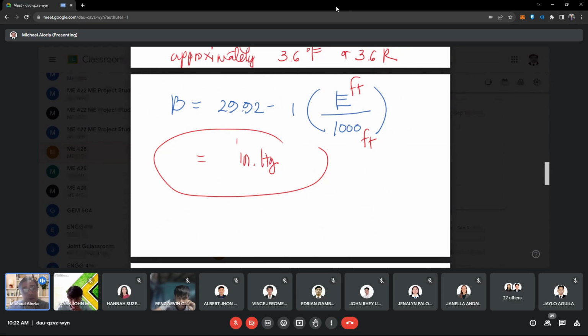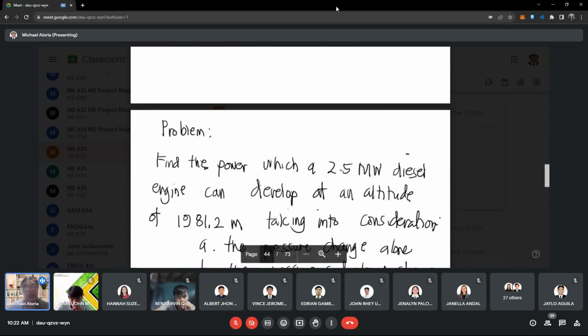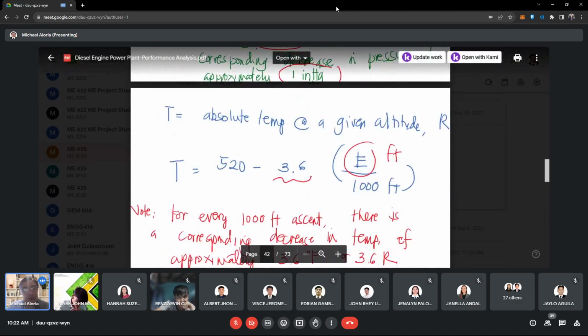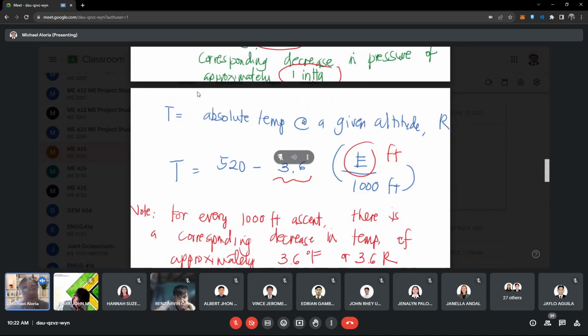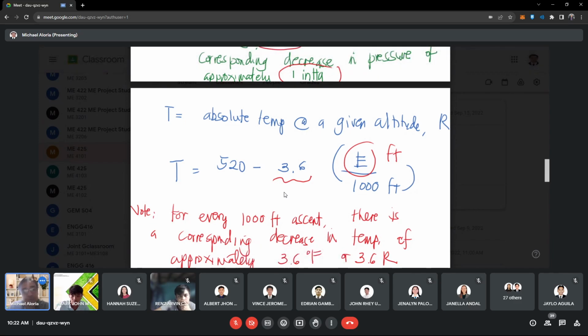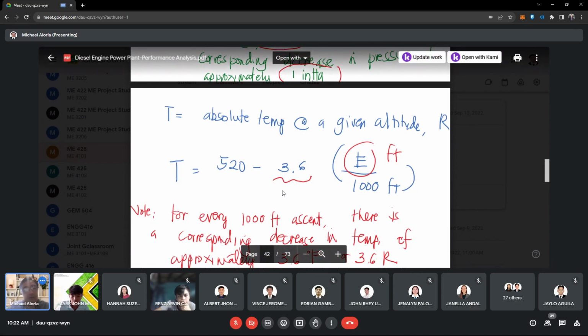Ganon din yung temperature: 520, kasi ang reference ay 60 degrees Fahrenheit plus 460 kaya naging 520 Rankine, minus 3.6 Rankine for every 1,000 feet elevation. So bababa na, hindi na siya 520 at a given elevation.